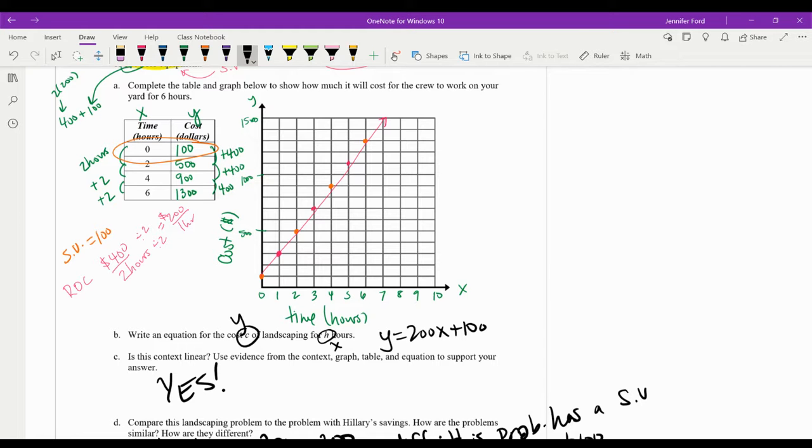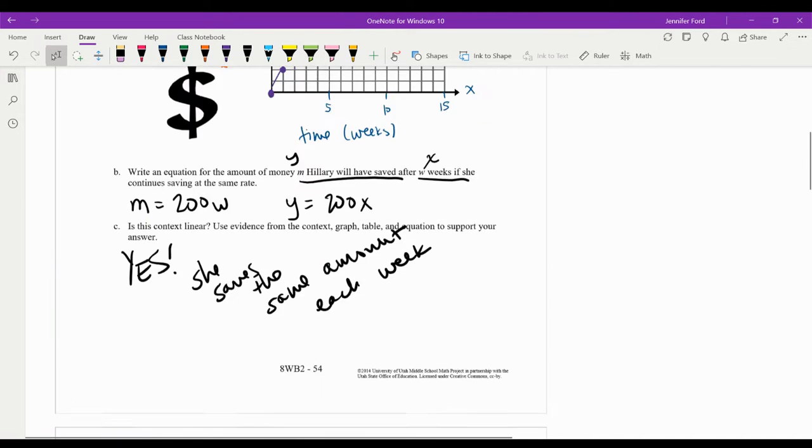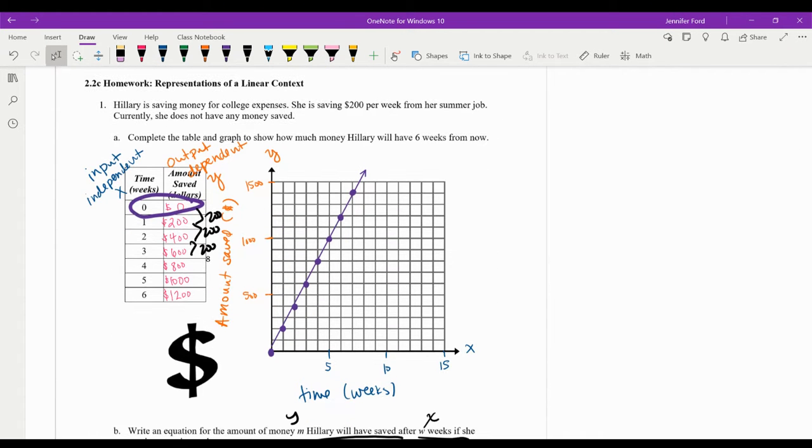The other thing that's different is that this table is not going up by 1 hour, it's going up by 2 hours, which is why we're adding 400 instead of adding 200. And if you look at Hillary's, it is going up by ones, which is why we're adding 200 every time.